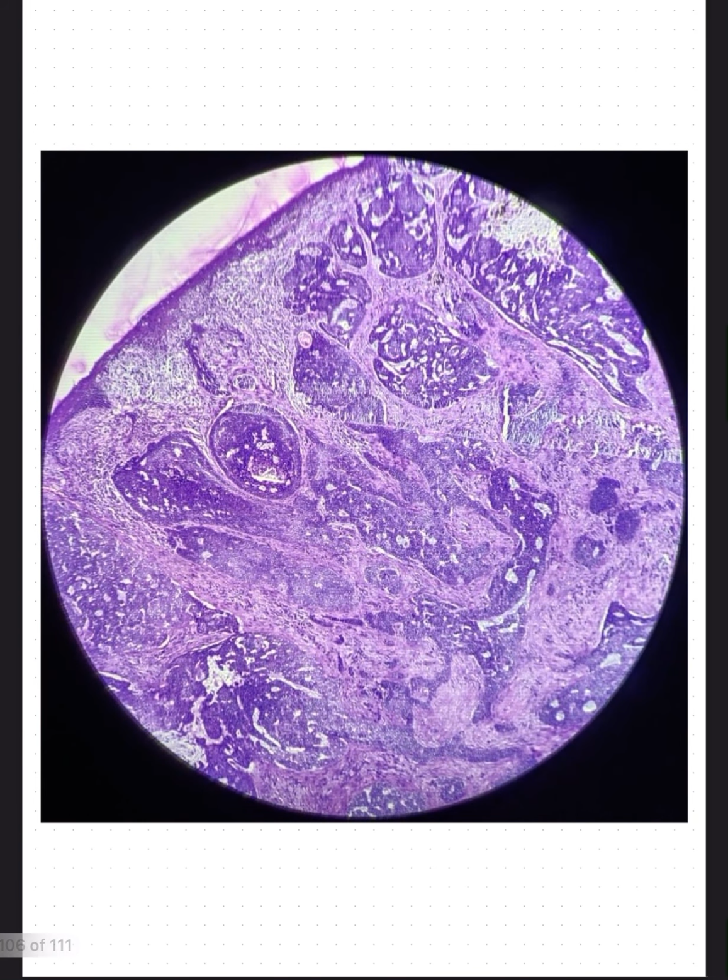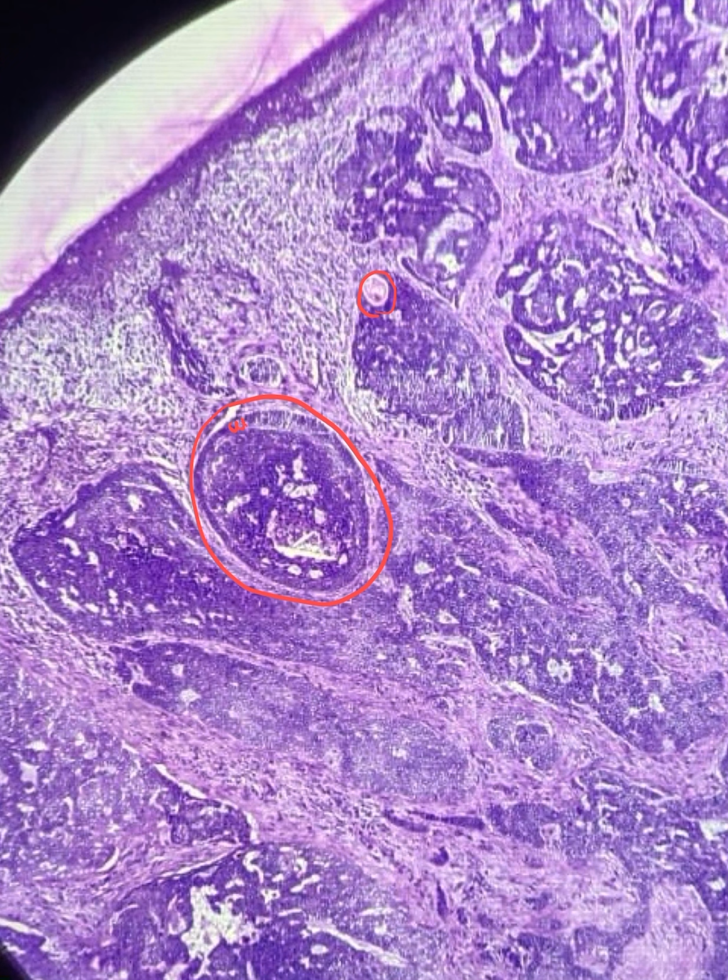This is again one such low power view, and here and there in focal areas you can find keratin pearls also. If I keenly observe this one nest, I can find the rim is highly differentiated. The cells are very disciplined, sitting beside one another in a row.